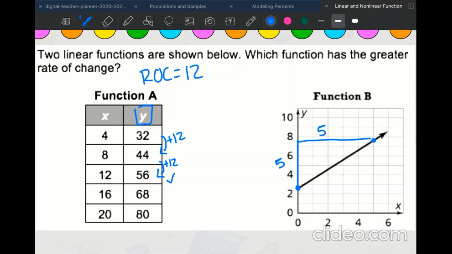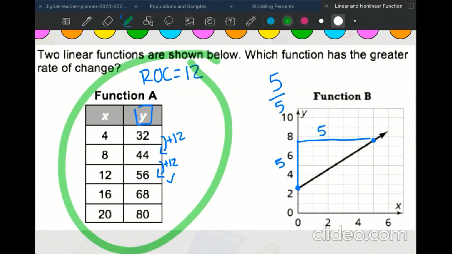So my constant rate of change here would be 5 over 5. So what has a greater rate of change? Function A. We might be a little off with function B. It's not 100% 5 over 5, but.